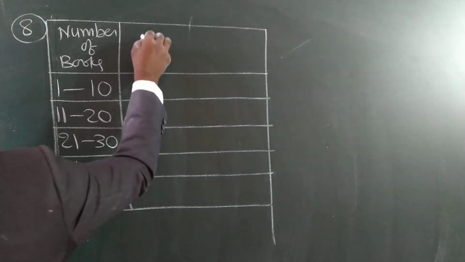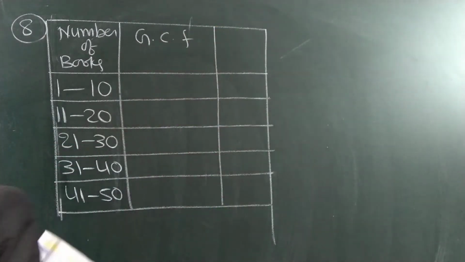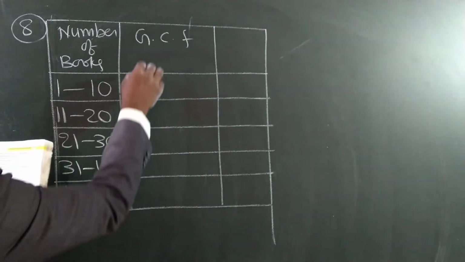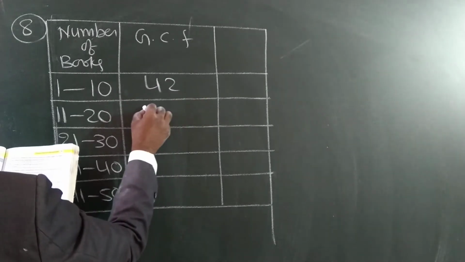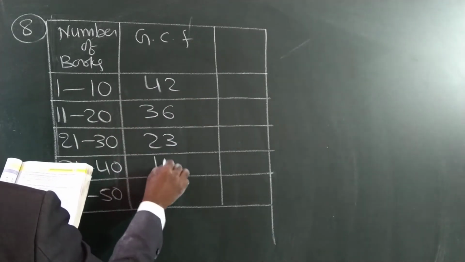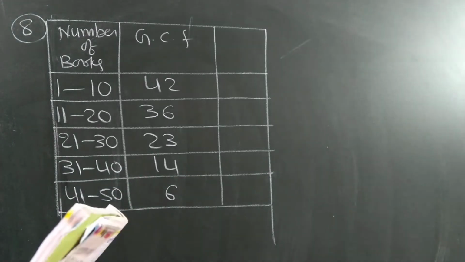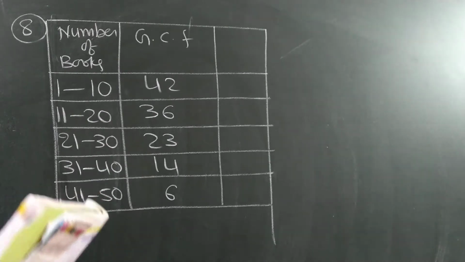Greater than cumulative frequency, GCF: 42, 36, 23, 14, 6. The question is, write the frequencies of the respective classes.